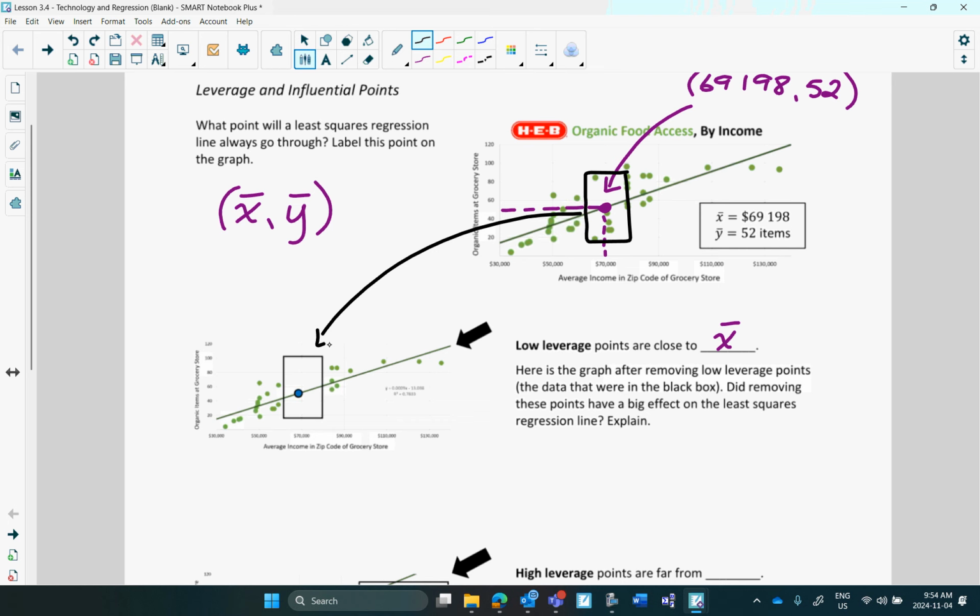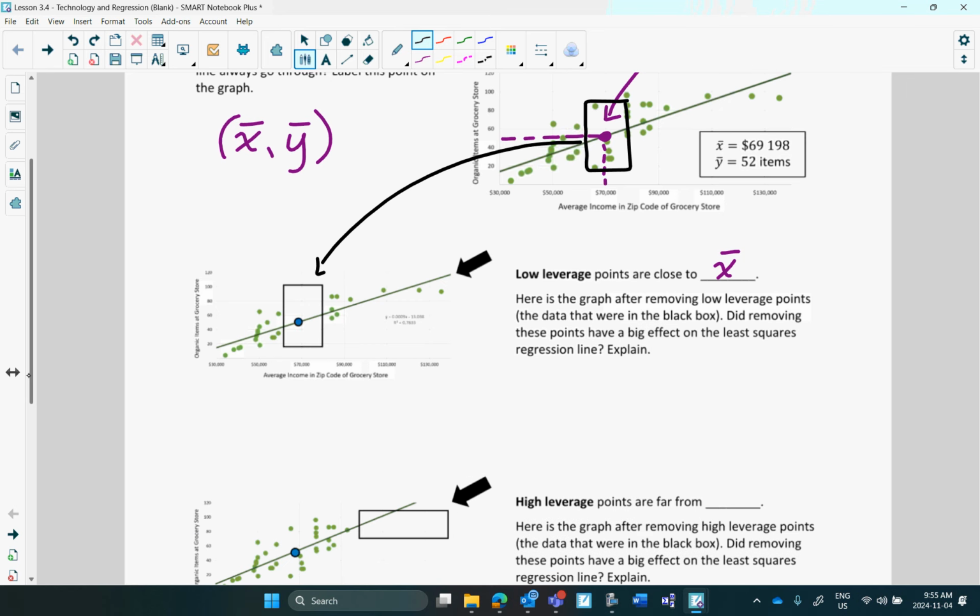There is a small change, but we're not going to worry about it. We're just basically learning the influential points, what they mean. If you look, the y-intercept here looks like it's around 15 or something like that.